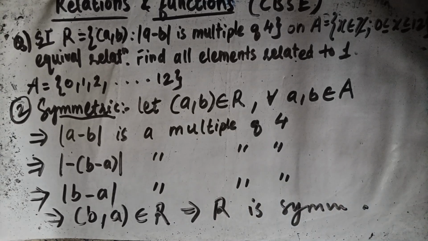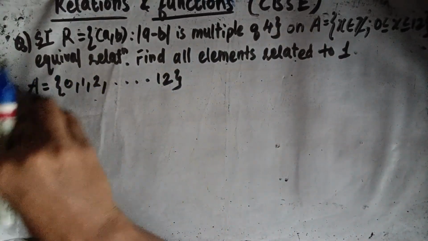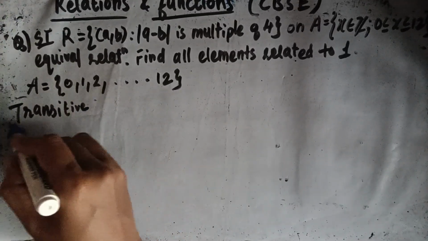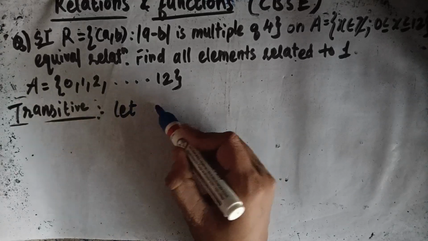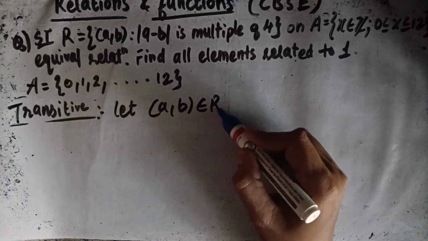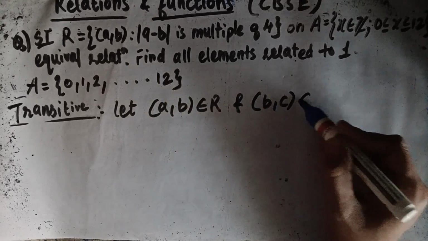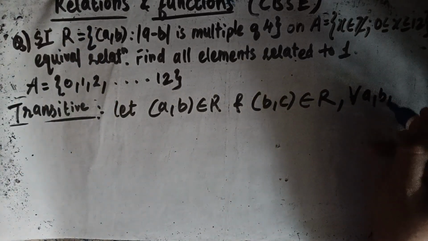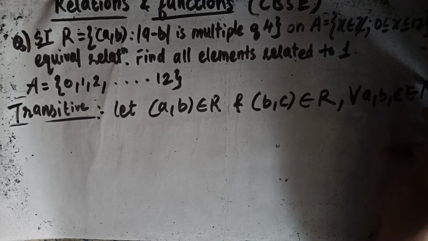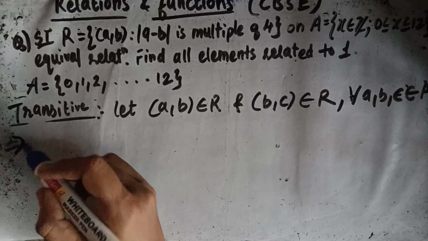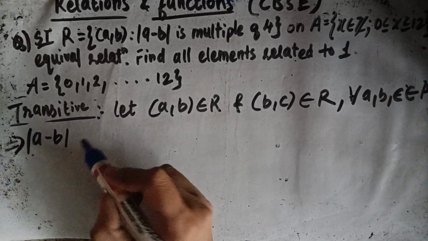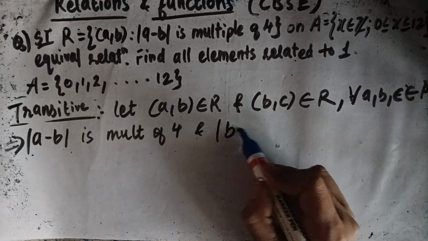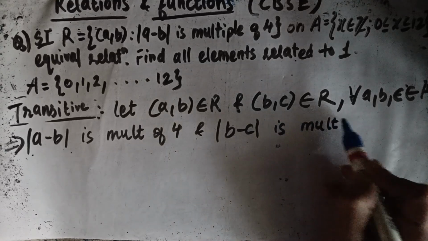Next is transitive. Let (a, b) belong to R and (b, c) belong to R. Two elements we have to take from R, and you have to write for all a, b and c belonging to set A. So this implies mod of a minus b is a multiple of 4 and mod of b minus c is a multiple of 4.